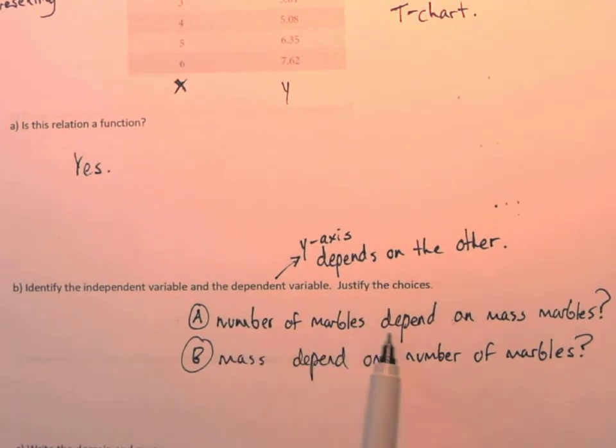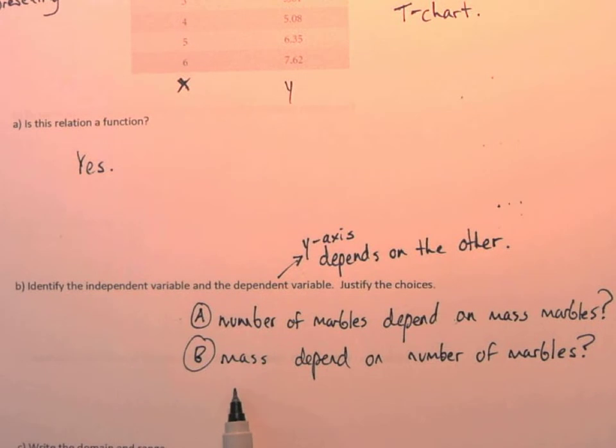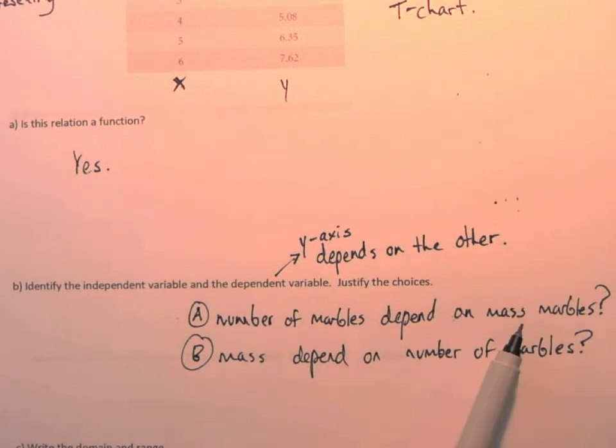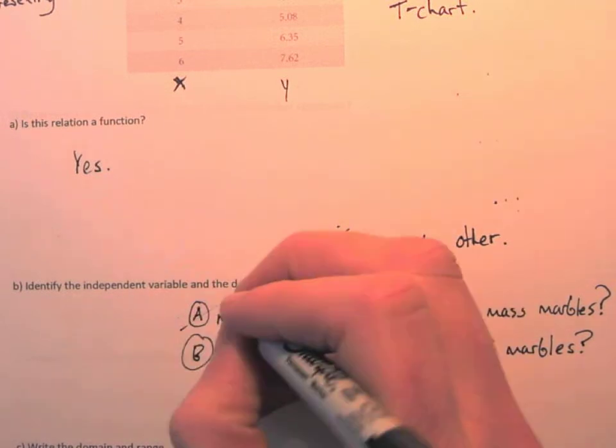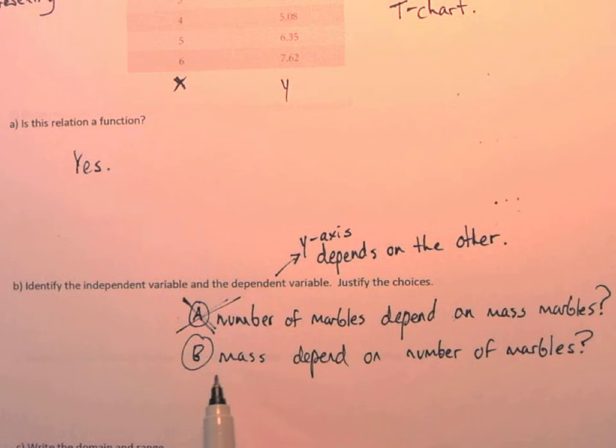Does the number of marbles depend on the mass of marbles? Not quite, because you could just have a really heavy marble. If they said 5 grams, it could just mean one heavy marble. So you don't know the number of marbles based off the mass. So it's not really that. If you read this one, it makes more intuitive sense: the mass depends on the number of marbles you have.